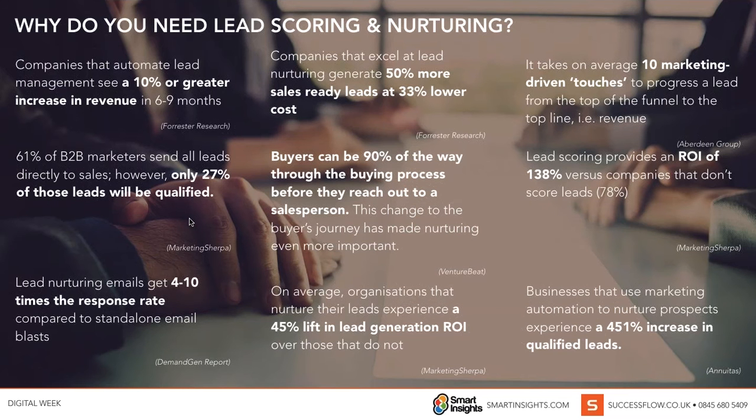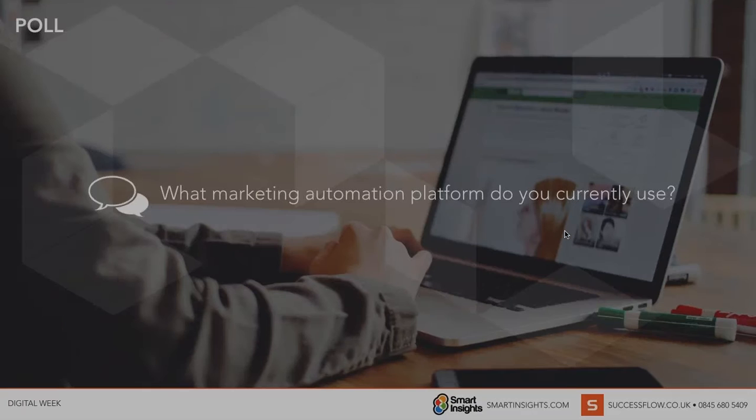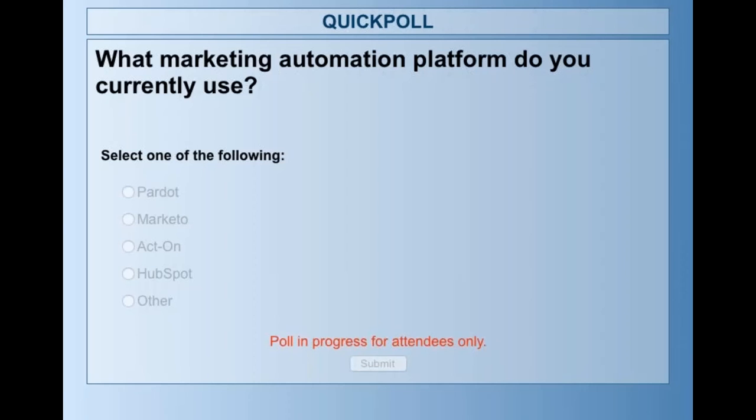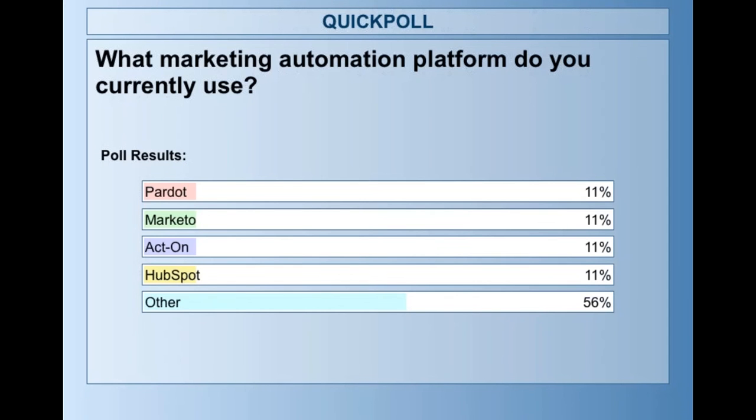Okay, so obviously this is very, very reliant on marketing automation. So we're going to take another poll here, just in terms of what automation system you've got. Now, unfortunately, in GoToWebinar, there's only 5 options, and obviously there are way more marketing automation platforms than 5. There's a bit of a split there, but most have some other platforms.